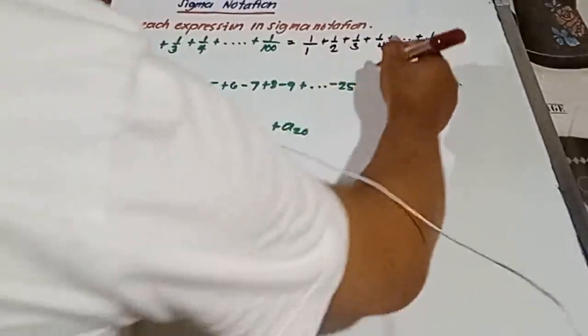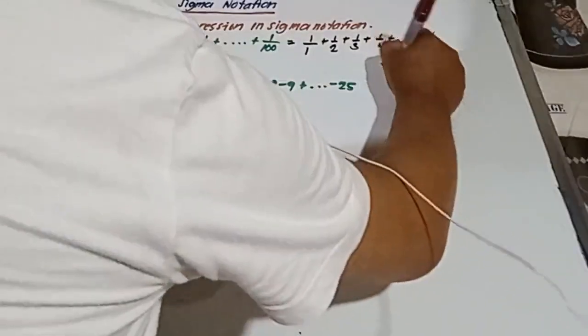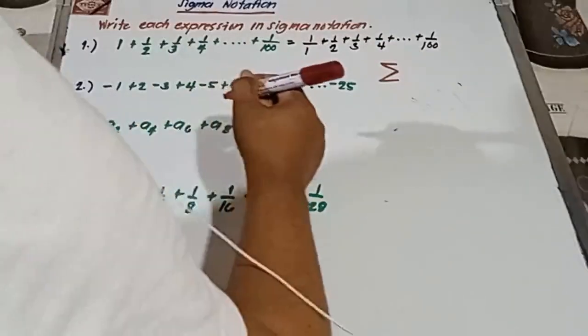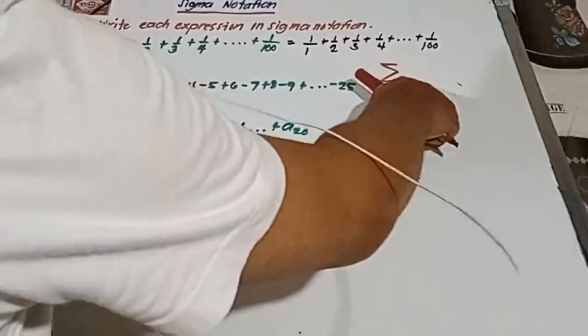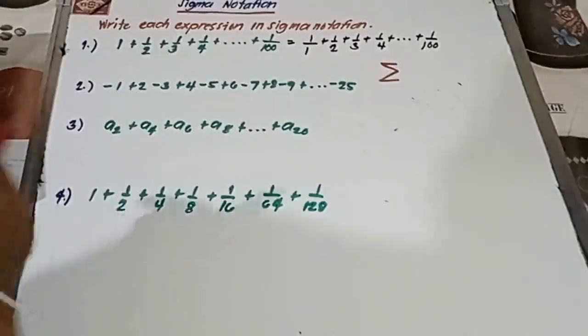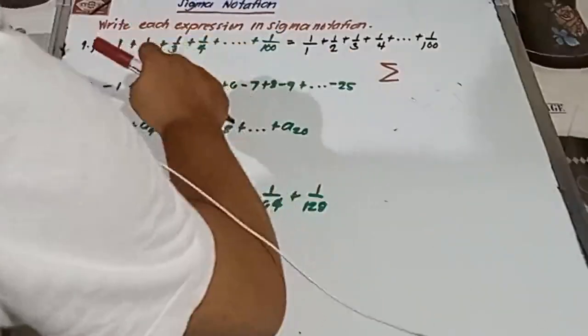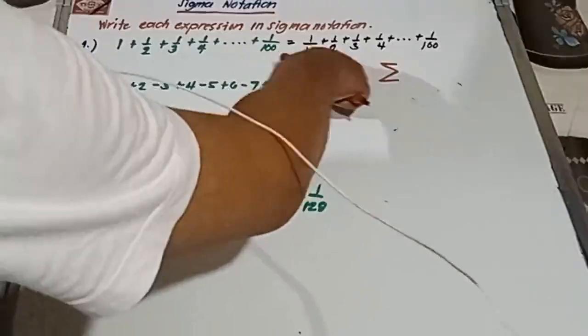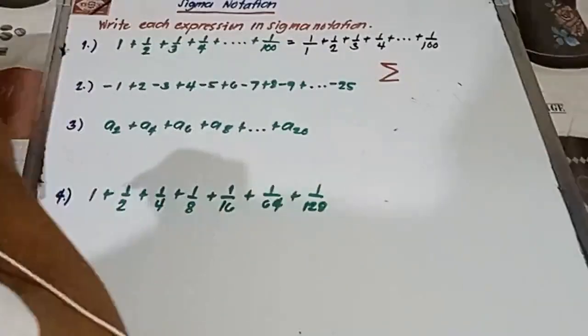Now, gamit yung ating uppercase Greek letter na sum, the equivalent sigma notation of this expression is we have the Greek uppercase letter sigma followed by the expression that represents each term of our expression. Papansin natin, constant yung kanyang numerator, yung denominator lang nagva-vary. So, yun tayo maglalagay ng variable sa denominator. So, we have 1 over the variable n.